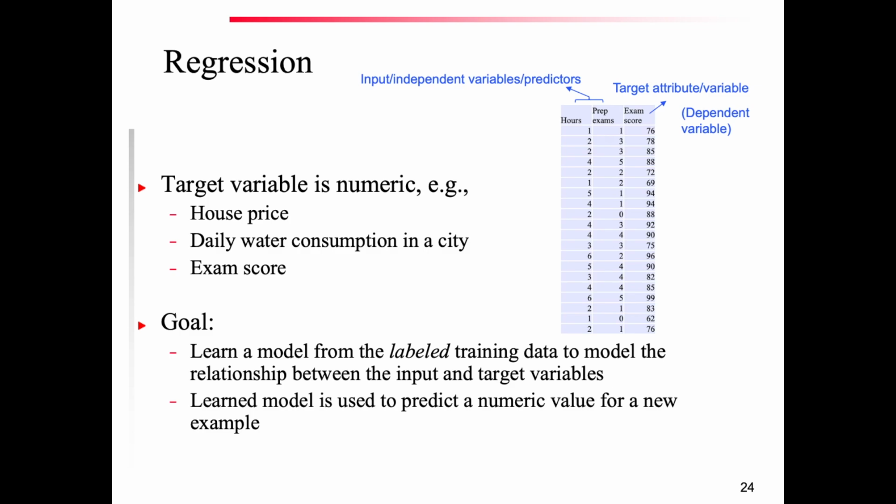But if you are going to predict, for example, a house price, you may have a big table with many features. What could be the features if you want to predict a house price? Location, size, yep.